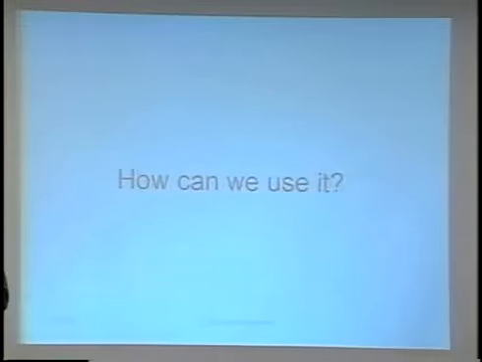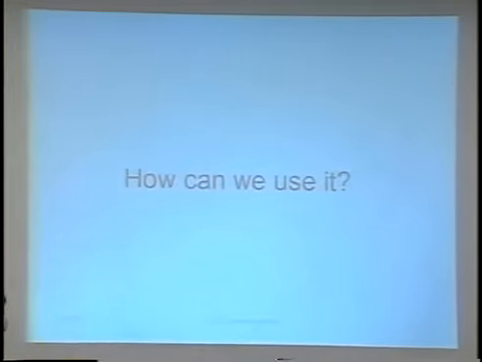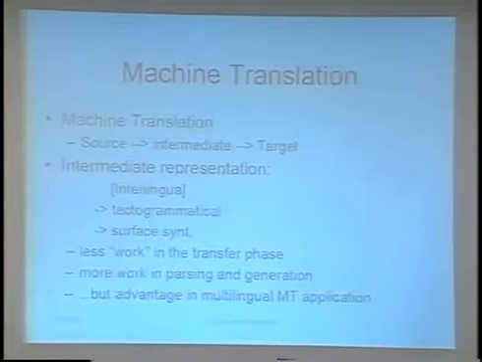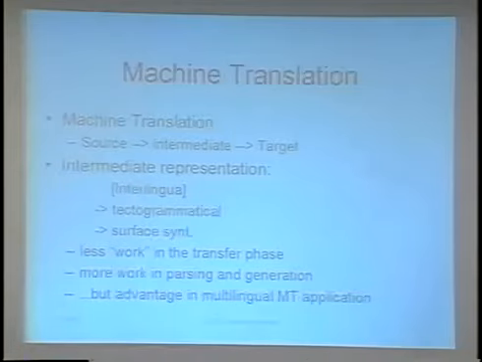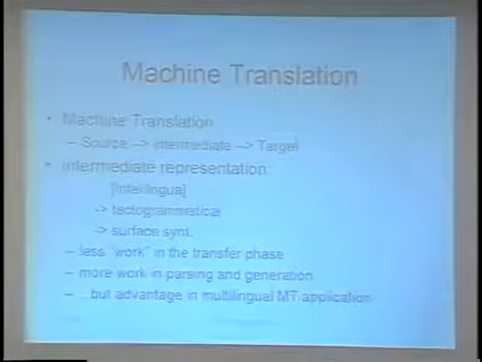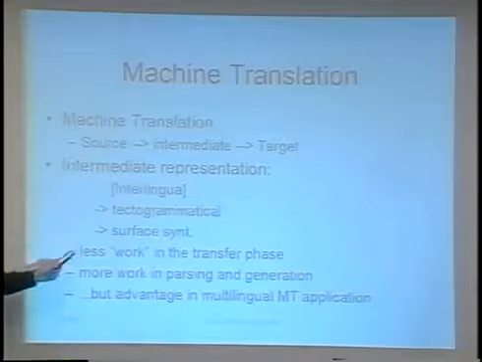But now, let me use the remaining 15 minutes or so showing why we think this is worth doing. One of the reasons is obviously machine translation. We believe that if we have a deeper representation of the sentence structure and the meaning, we can do better machine translation because we will have much less work in the transfer phase.